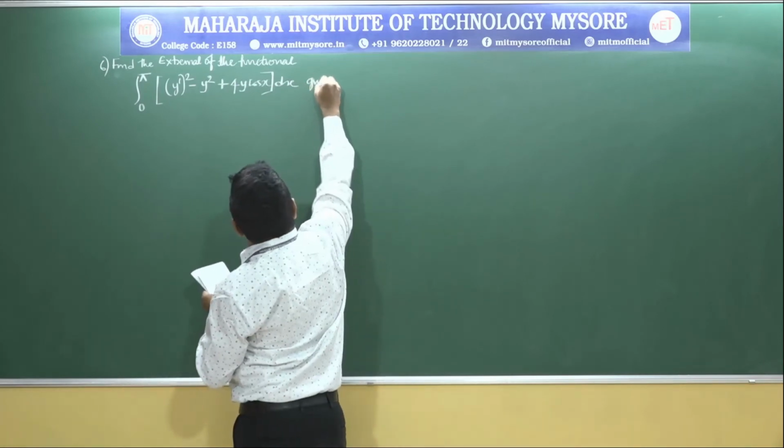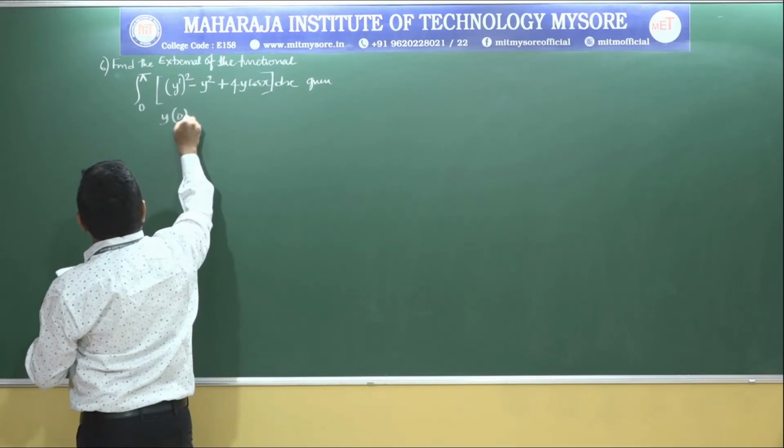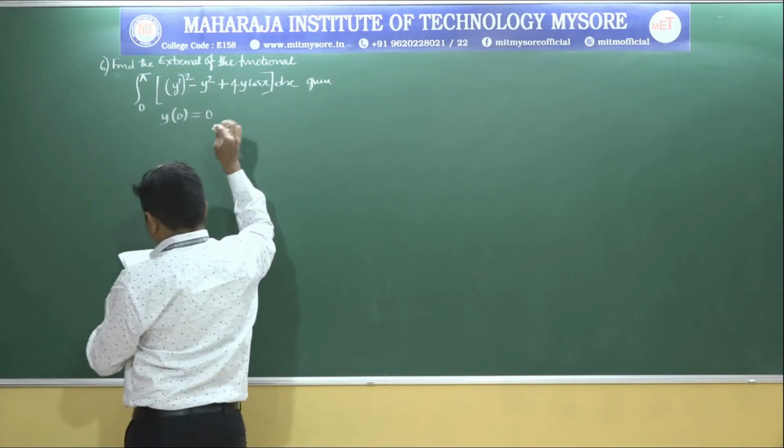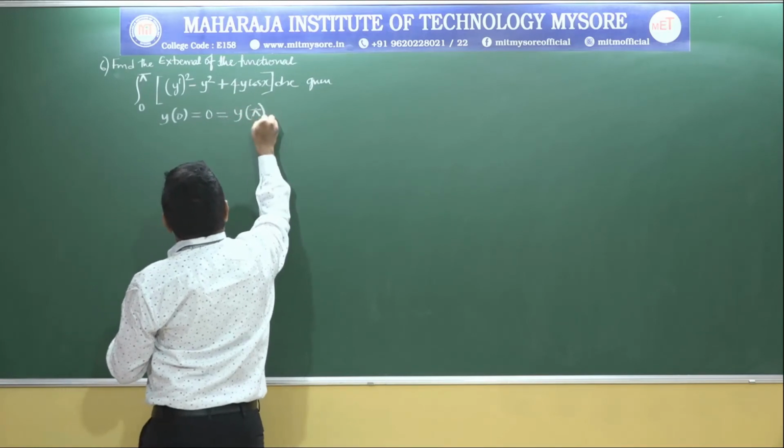Given y of 0 equals 0 and y of pi is also 0.